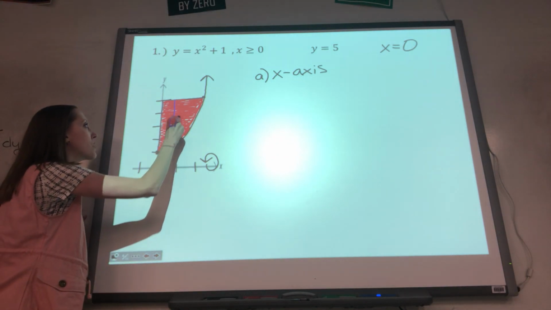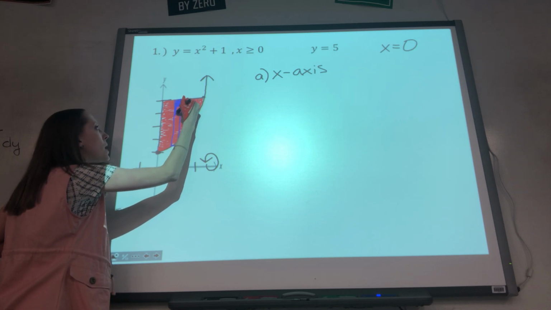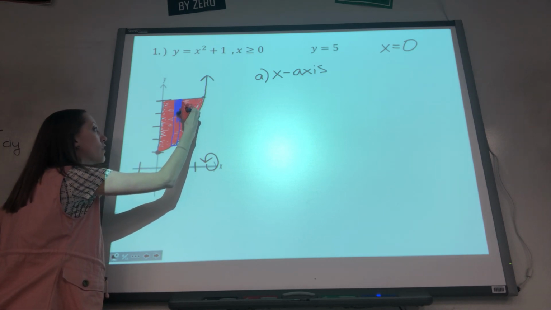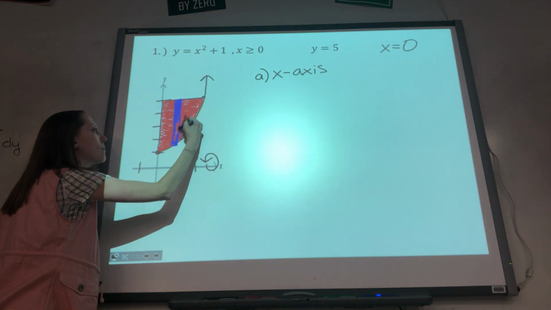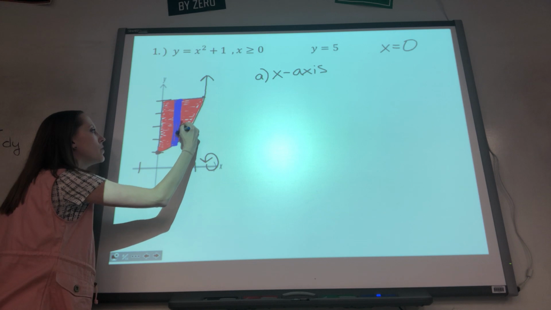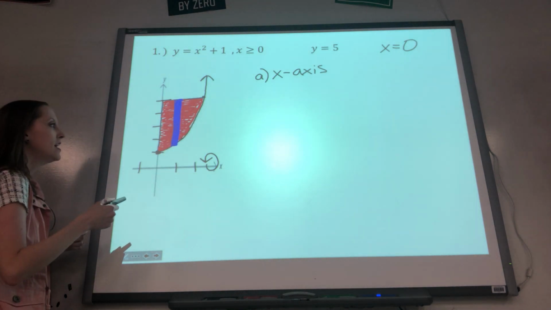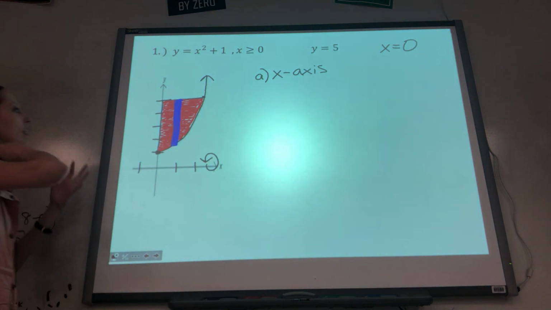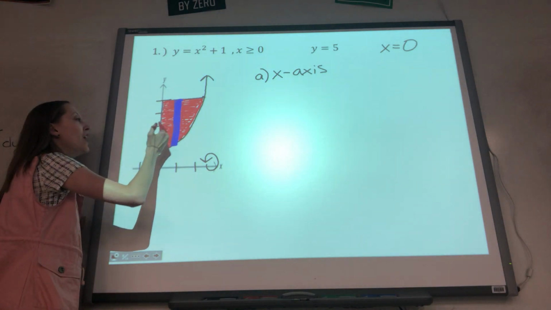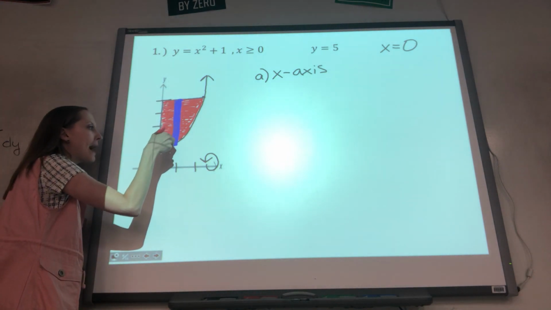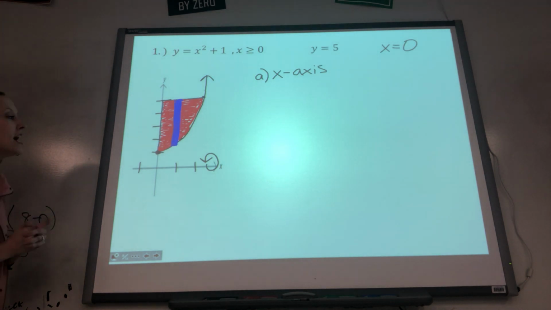I don't care where you put it inside of your shaded region, but it has to be vertical, up and down, because it has to be drawn perpendicular to your axis of revolution. So anywhere in your shaded region, just put a rectangle going from the top to about the bottom. It's kind of hard to cut it off at the bottom since it's a curve.